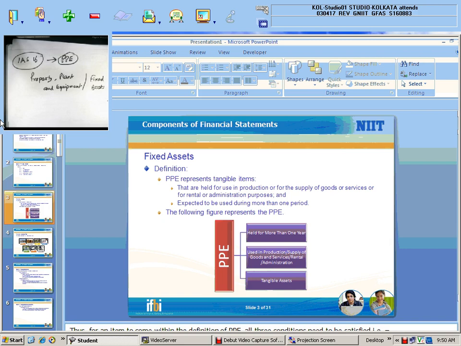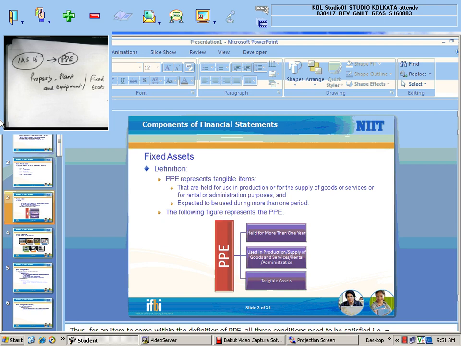So the following figure represents the PPE. Number 1, held for more than 1 year, that is more than one accounting period. Number 2, used in production or supply of goods and services, or for earning rental, or for administrative purposes. And third, they must be tangible, that means physical assets.